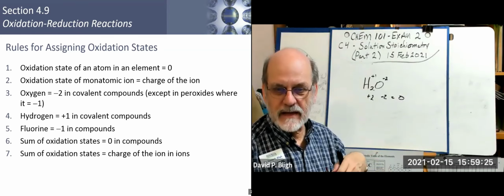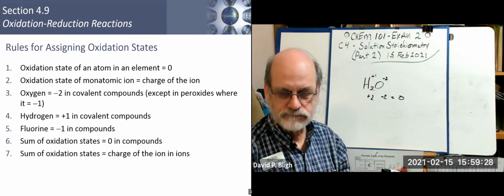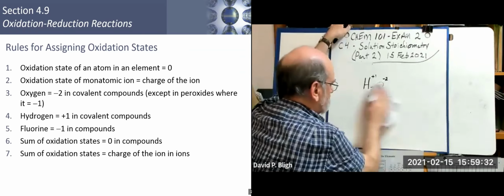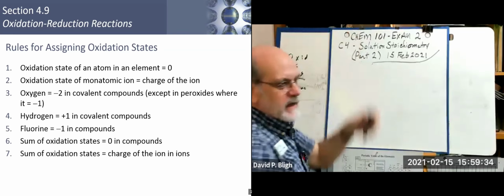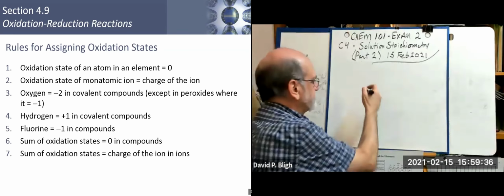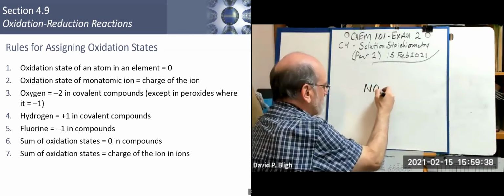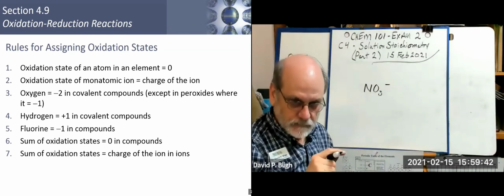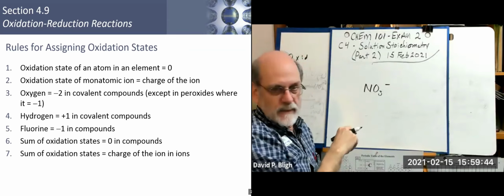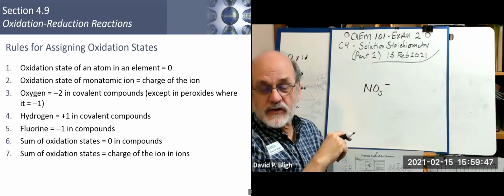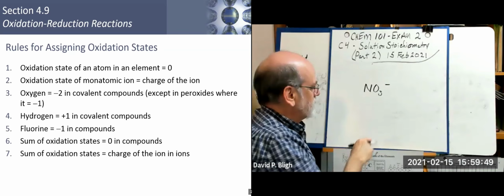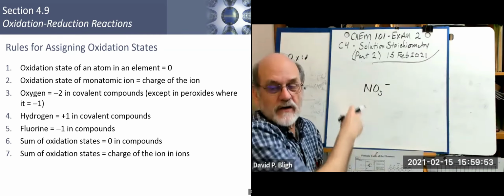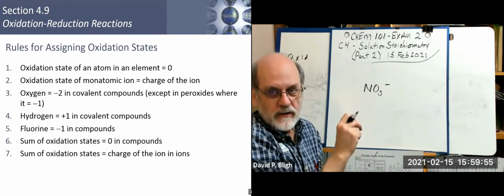If you have a polyatomic ion, like nitrate, rule number 3, oxygen is a -2. It's actually by itself. It's not hooked to itself. All these oxygens are bound to nitrogen, not to each other.